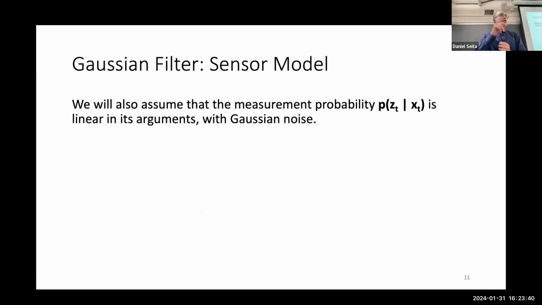All right, so we talked about the dynamics model, but the other assumption that we make for the Gaussian filter is that the measurement probability, or the sensor probability, is also linear in its argument with Gaussian noise. So you should see some matrix times something plus some noise. That's what we have here.